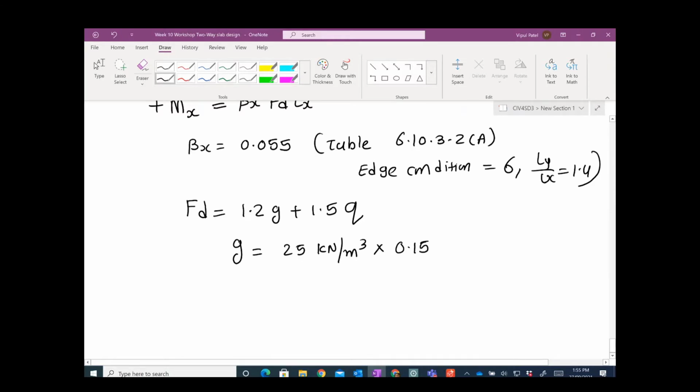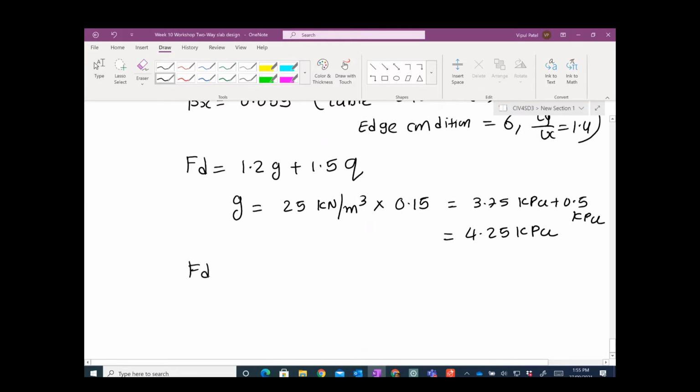So you have 25 times 0.15, you get 3.75, and we need to add 0.5 extra, right? There is a partition that is given in our example, so we just add it, giving 4.25 kilopascals.